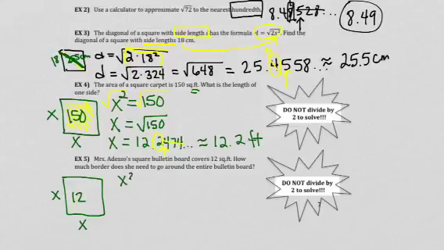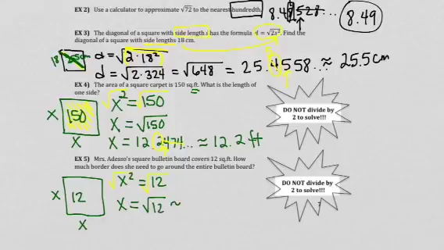X squared, but this time it's equal to 12 because that's the area. So I'm going to take the square root of both sides to get rid of that square. Those are inverse operations. So when I do that, I get x is equal to the square root of 12, and I plug that into my calculator.